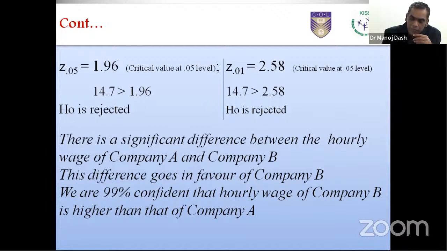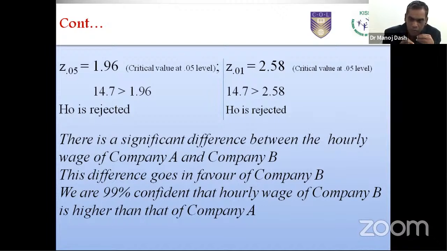But even if the observed difference is, suppose, 1, suppose there is a situation where we get a question in which the observed difference is very small, we are not going to see whether the observed difference is small or big, because we are not going to do it from the layman point of view. We are going to make a statistical analysis and a statistical interpretation.